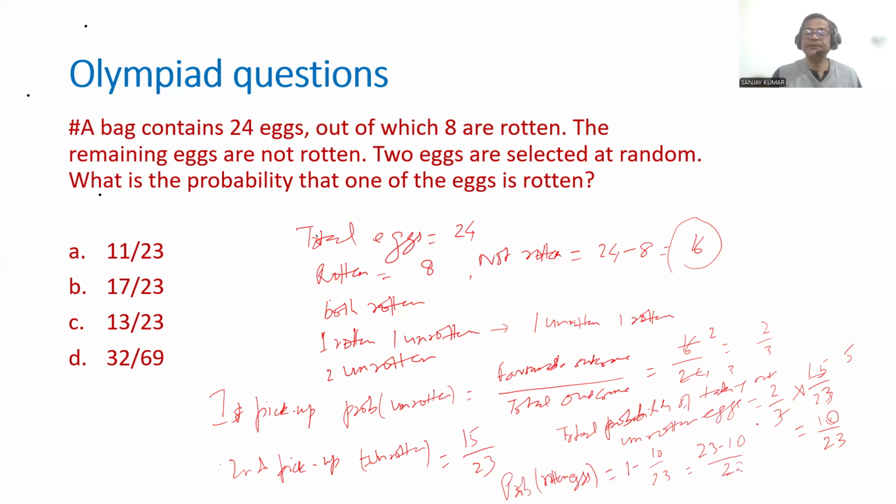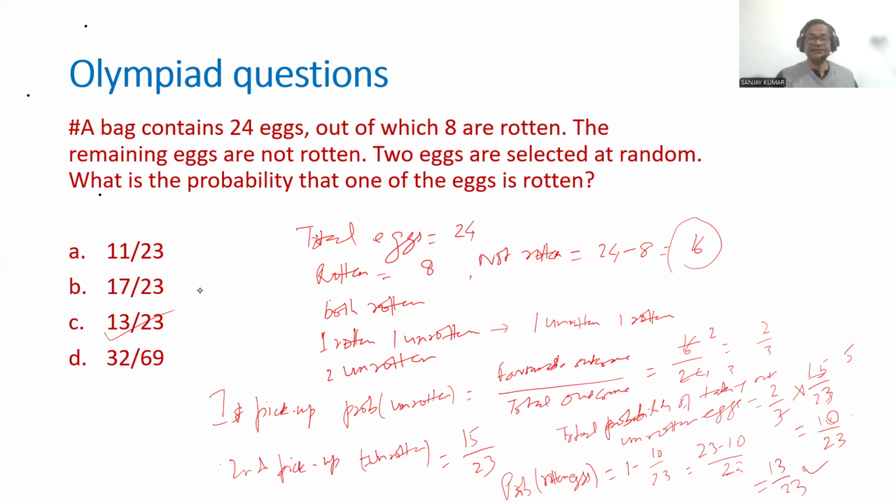So it is equal to what? It is equal to 13 by 23. See, my pen is not working. So this is the answer, 13 by 23. Which option is here? This one, 13 by 23. C. So C is the answer.